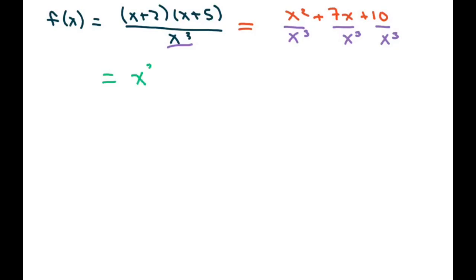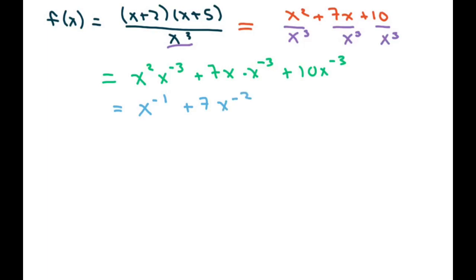So if I write x squared times x to the negative 3 plus 7x times x to the negative 3, plus 10x to the negative 3. And then simplifying even further, this would be x to the negative 1 using your product property, plus 7x to the negative 2, and plus, then we still have our 10x to the negative 3.